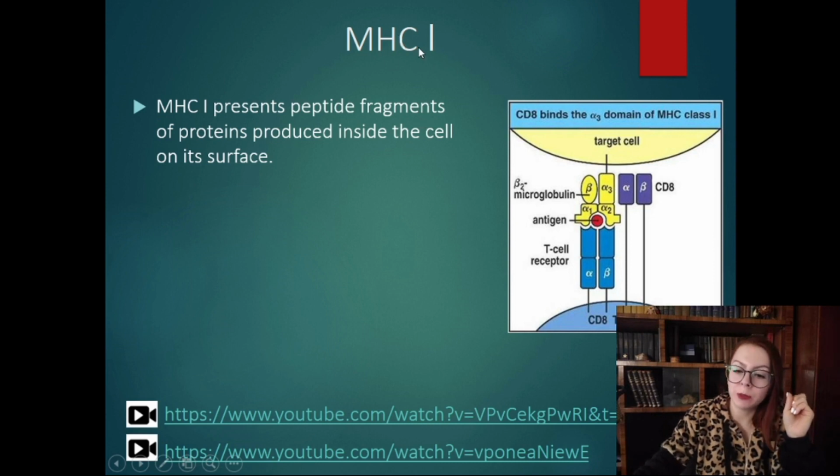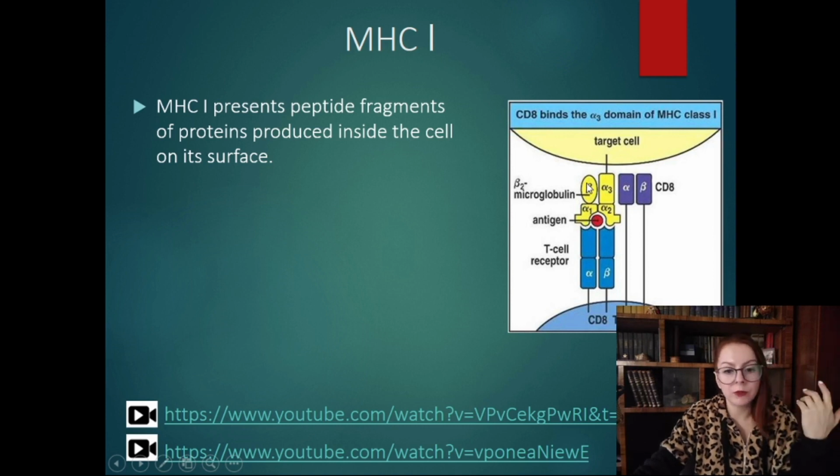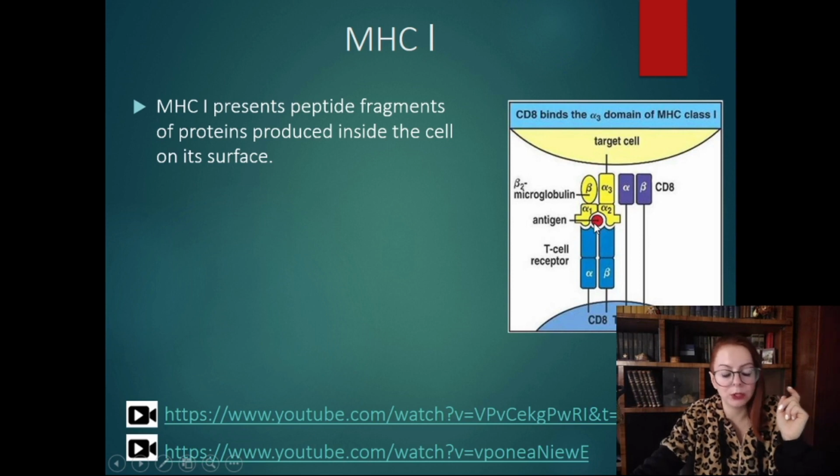So here is the cell, and here is MHC type 1. It is destined, as we have said, to present its own antigens to killers. So the killer decides whether to leave the cell alive if it produces normal proteins, or to kill the target cell in case of mutated proteins.